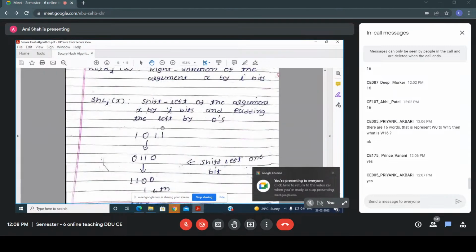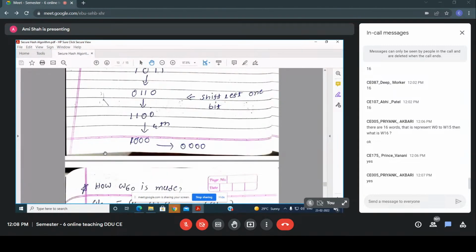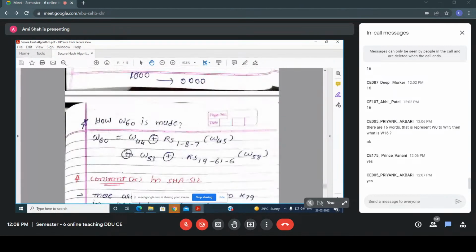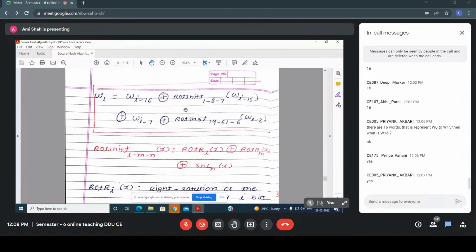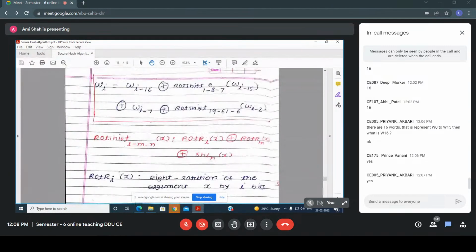Now see, here one thing that I have written: how the W60 word is made. If I want to find W60, what is my formula? 60 minus 16, so I get W44 XOR rotate shift, where instead I have written RS, then 187 of W. What is the value of I?